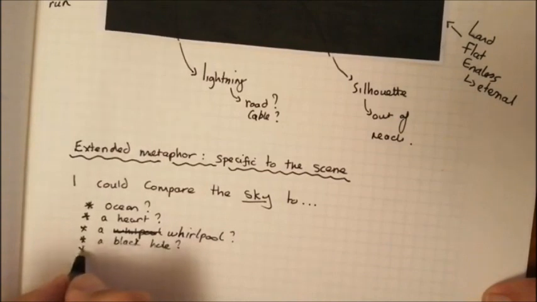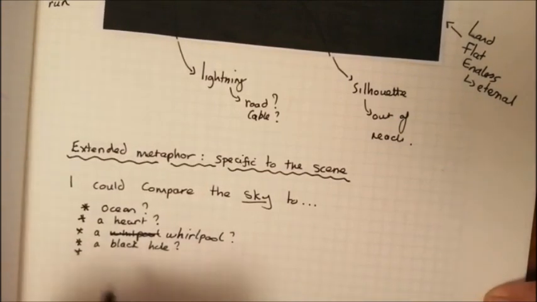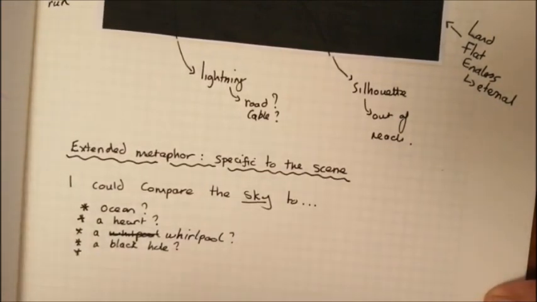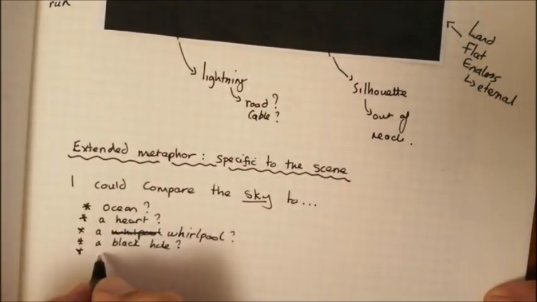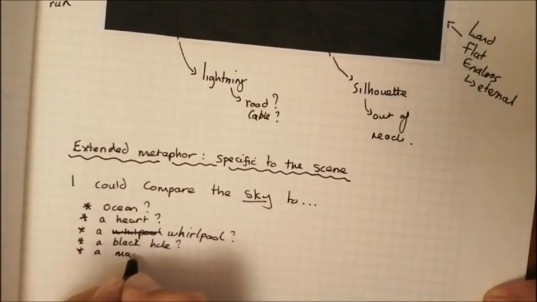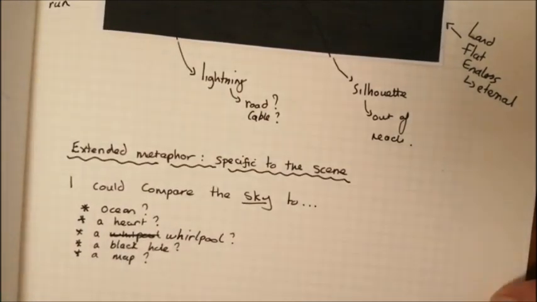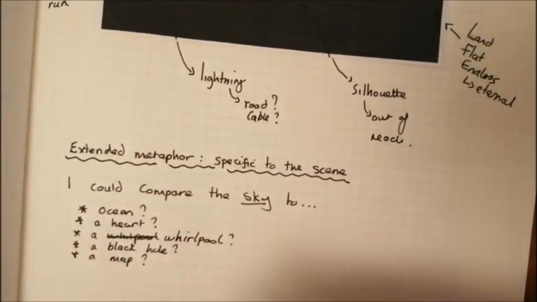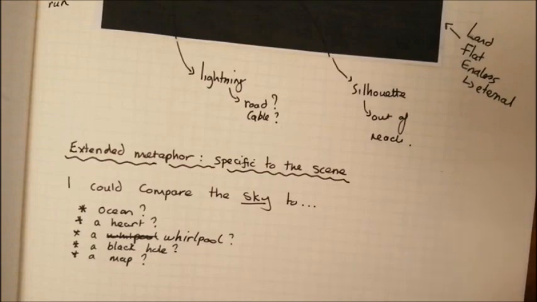Or I could even do maybe something like a map. Are those clouds countries? Is the lightning a road? I don't know, but that could be something to run with. So these are some ideas that I could use, that you could use if you wanted.